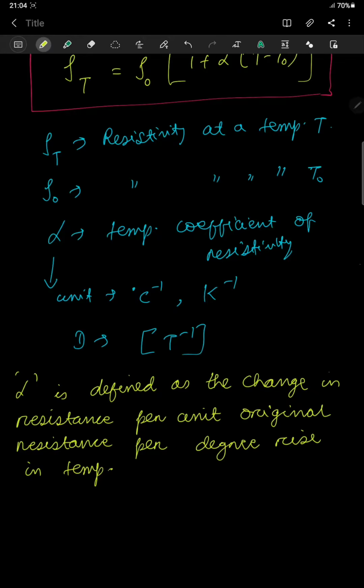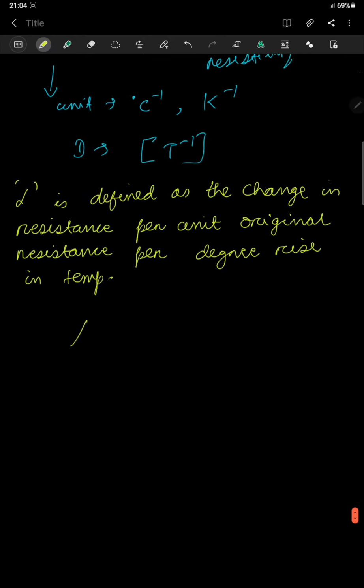So if I write it mathematically, your alpha will be equal to R2 minus R1 divided by the original resistance, that is R1, into T2 minus T1.